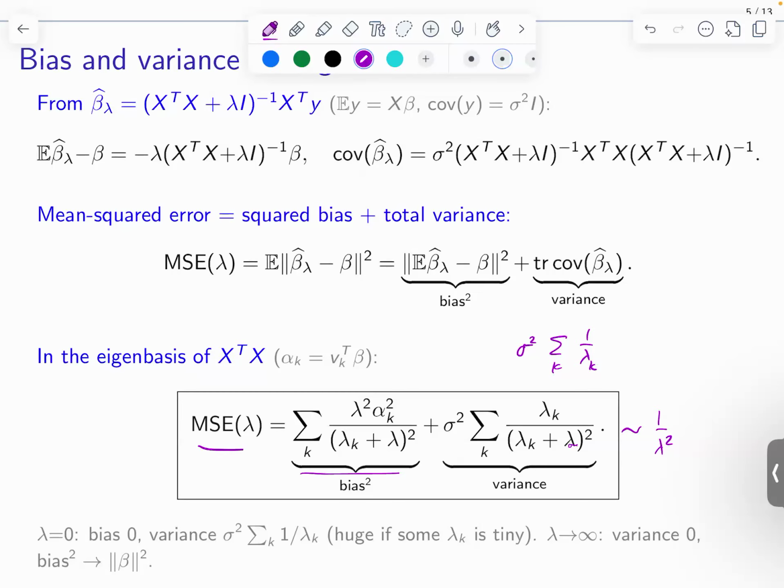So among all linear unbiased estimators, this is still best in terms of the MSE, but not among all estimators. Ridge is linear as well, and it's biased, but if you enlarge that class, then OLS is not best in terms of the MSE, because there's something that adds a little bit of bias but removes the variance a lot.